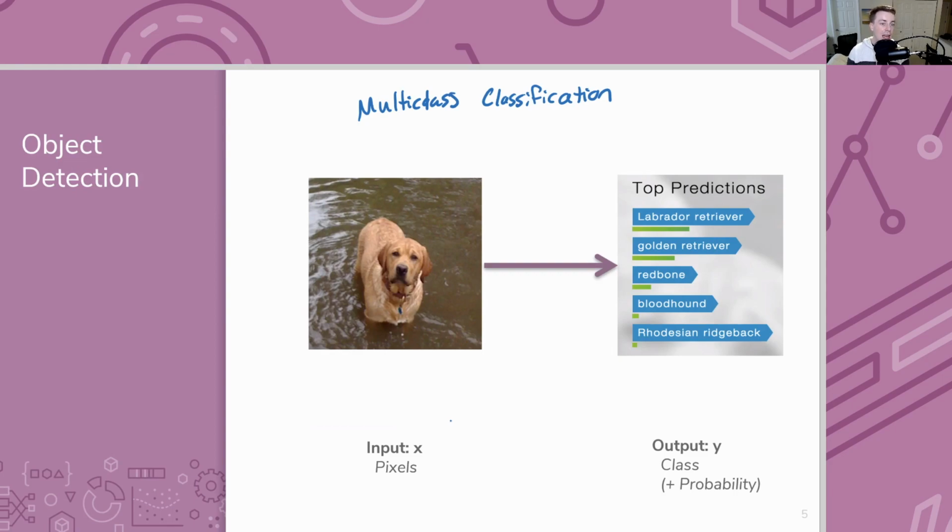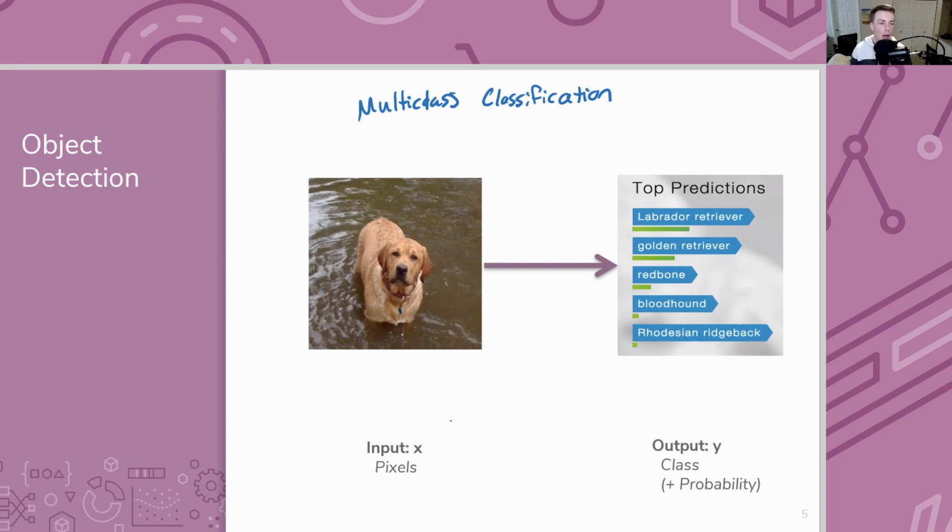So you might say you most likely think it's a Labrador Retriever, maybe next most likely is a Golden Retriever. We'll talk about outputting likelihoods as well to say how confident something is. But in this case, a picture might belong to more than one label, or there might be more than two labels that might be possible. And so we call this a multi-class classification problem.